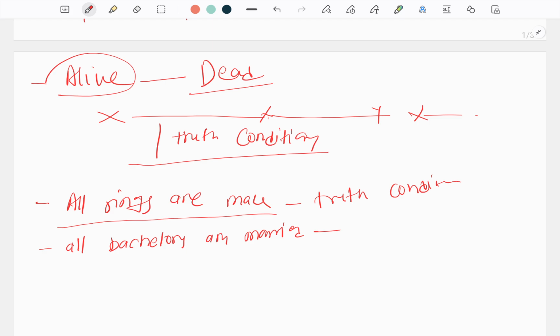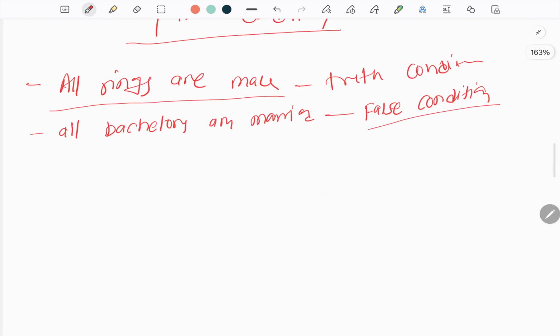It is sure and certain. This is the universal truth. But if I say all bachelors are married, then this is the false condition. So here we can take some more examples.